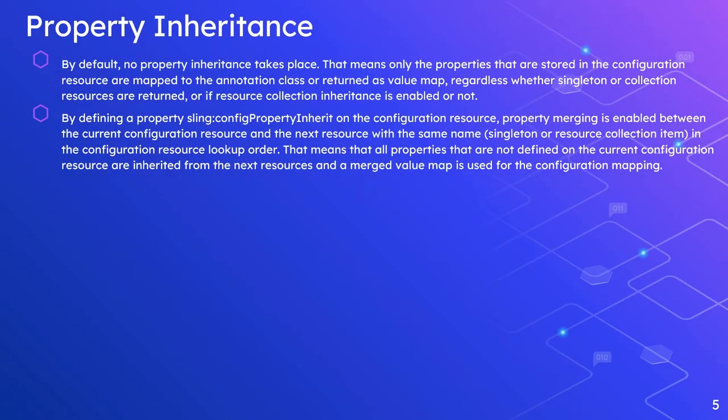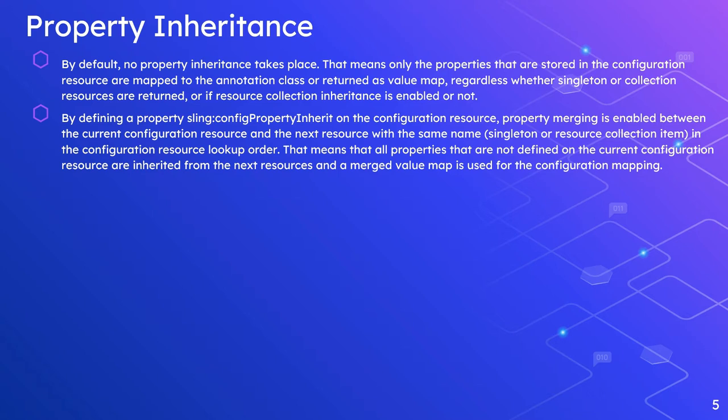Now same thing like property inheritance. By default no property inheritance takes place. That means only properties that are stored in the configuration resource and mapped to the annotation class are returned as a value map, regardless of the singleton or collection resources, and also whether the resource collection inheritance is enabled or not.